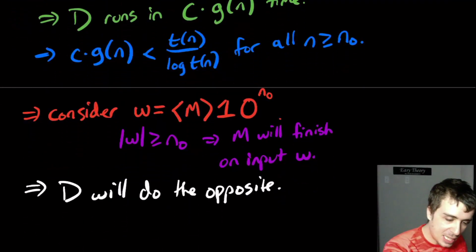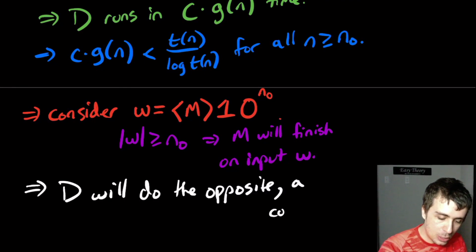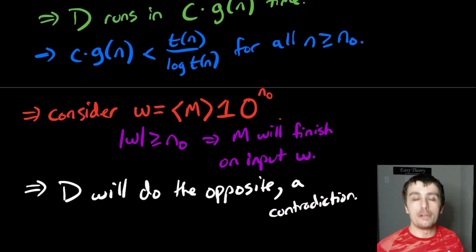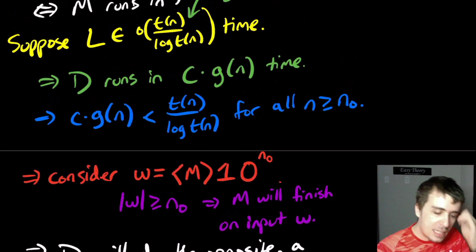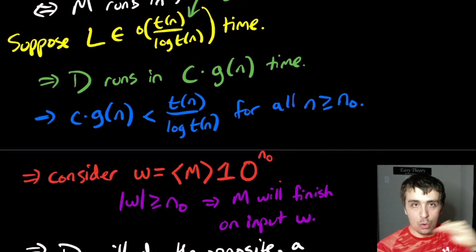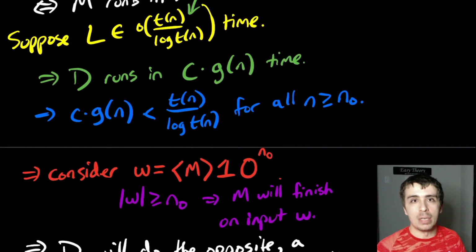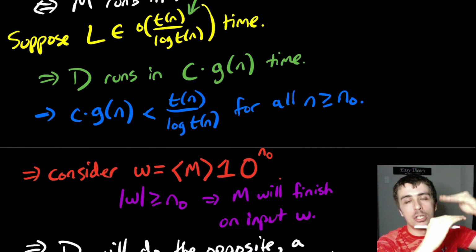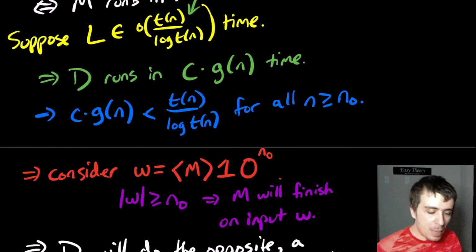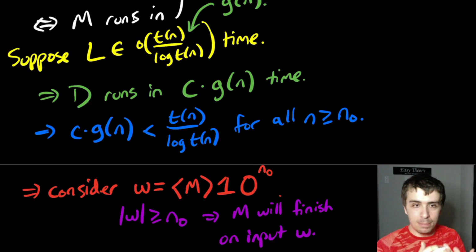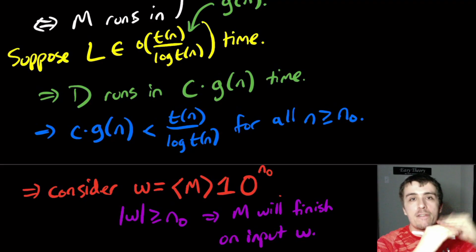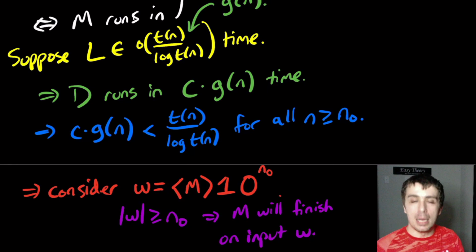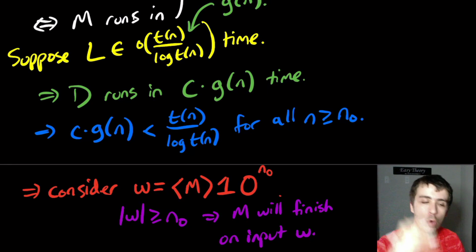So this thing is a contradiction. And so therefore, we have proven that this language is not in little o of the smaller runtime, and we proved it's in the bigger runtime. Now there's obviously a logarithmic factor gap between them, but effectively this will show that for sufficiently far apart runtimes, you will have some language that runs in one and not the other.